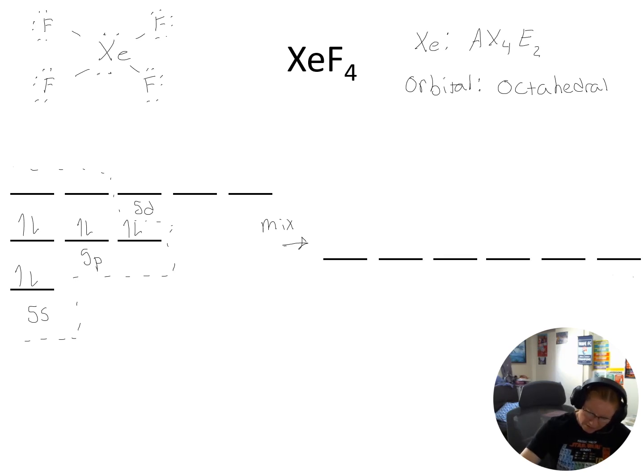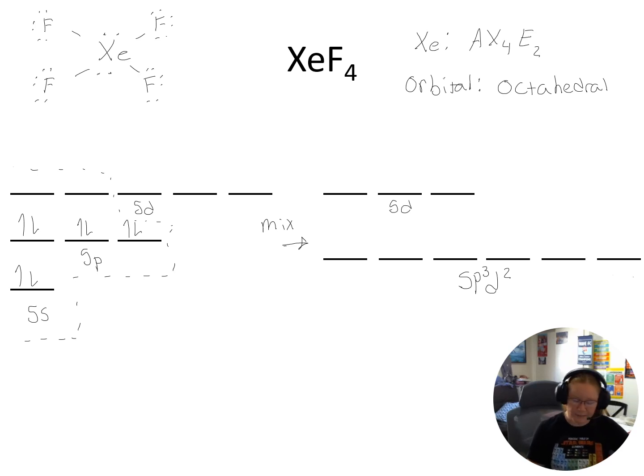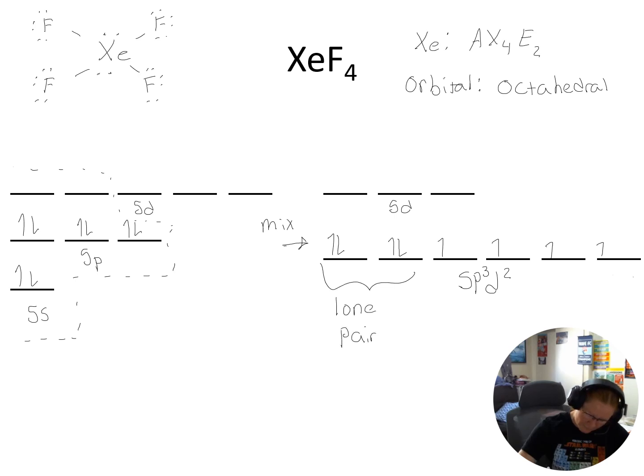So we're going to get our sp3d2 and 3 leftover 5d that we do nothing with. Okay? All right, so 8 electrons. 1, 2, 3, 4, 5, 6, 7, and 8. We've got 2 lone pairs. And now we have all our bonding.